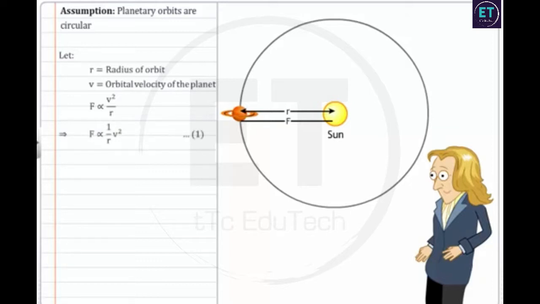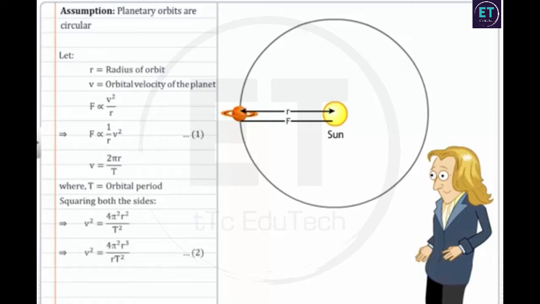The orbital velocity of the planet, v, is equal to 2 pi r divided by T, where T is the orbital period of the planet. Squaring both the sides and simplifying, we get equation 2. v square is equal to 4 pi square r square divided by T square.